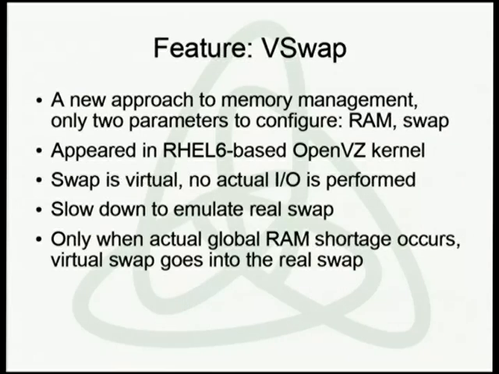What happens if the container is over its RAM limit, the kernel moves some pages out to swap, but not to the real disk swap, to some virtual swap. Actually, it's a swap cache. And then it slows down the container artificially to emulate the effect of swapping. So if you're over your RAM limit, you will be penalized. You will feel that you are swapping, but no actual disk I/O occurs.